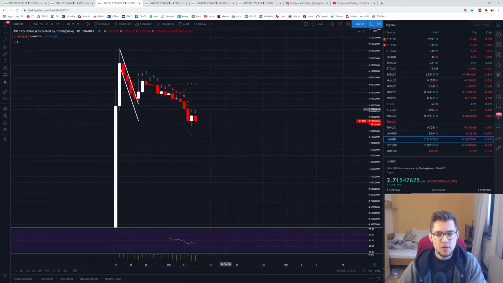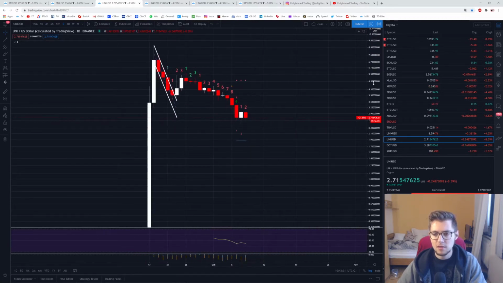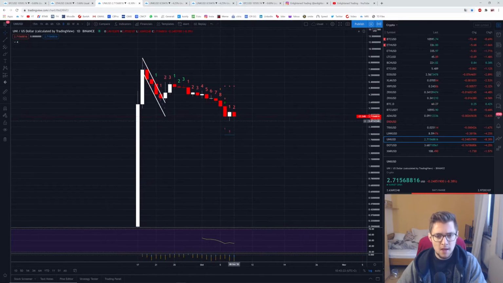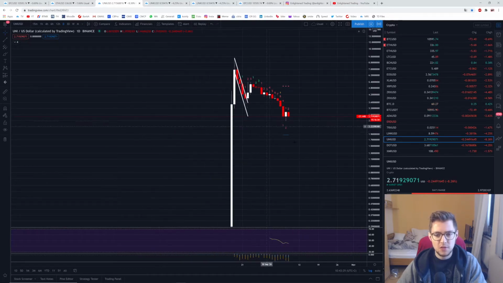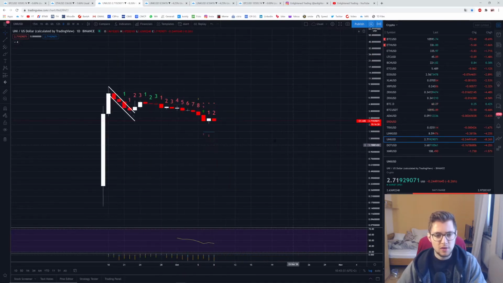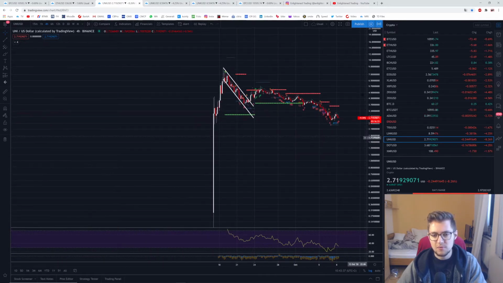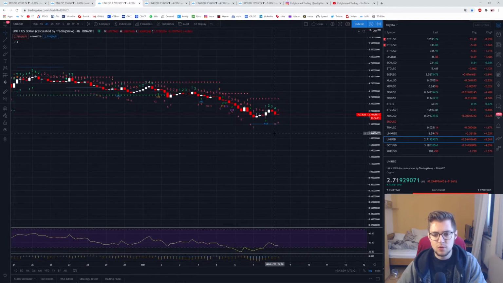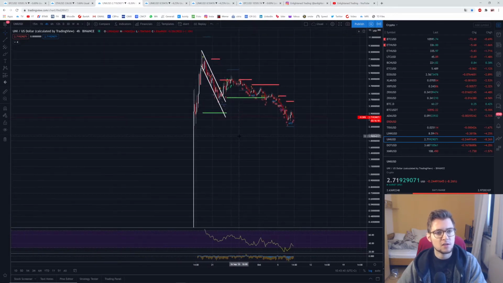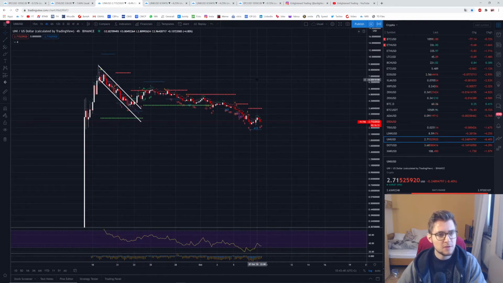Also, the TD Sequential did not do anything for you, and we are again in a bearish countdown. So we can still move much lower, maybe even into the dollar range. I don't see any support in the near-term future, and on some of these smaller time frames, I don't see any support coming in either. So this is actually looking pretty bad for Uniswap USD.